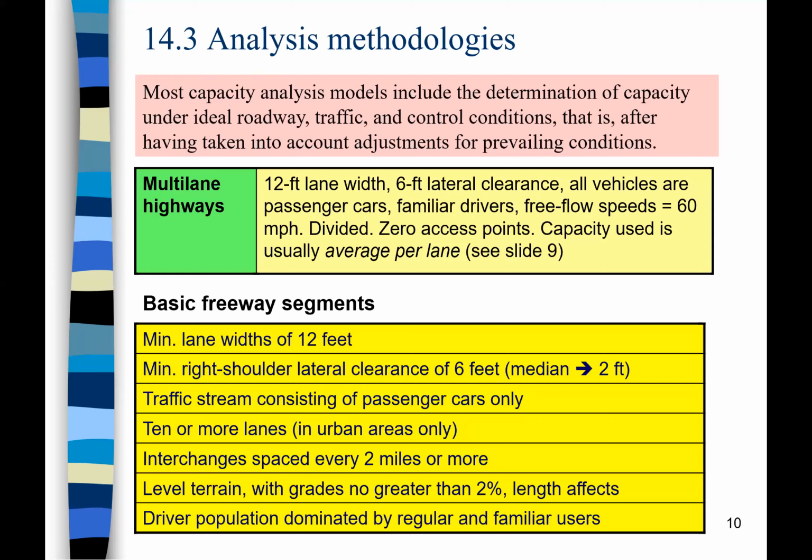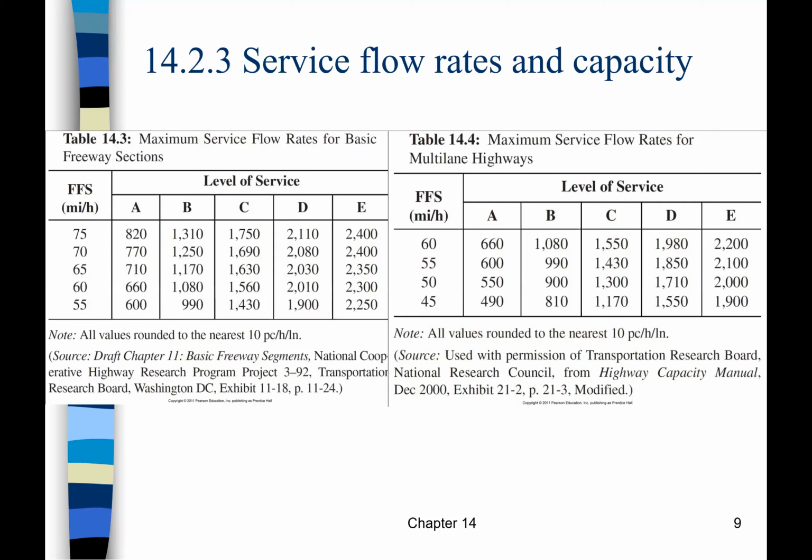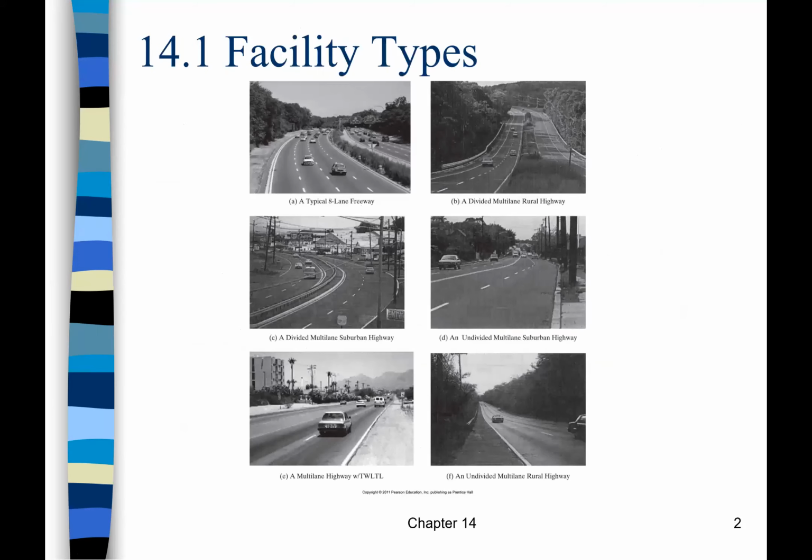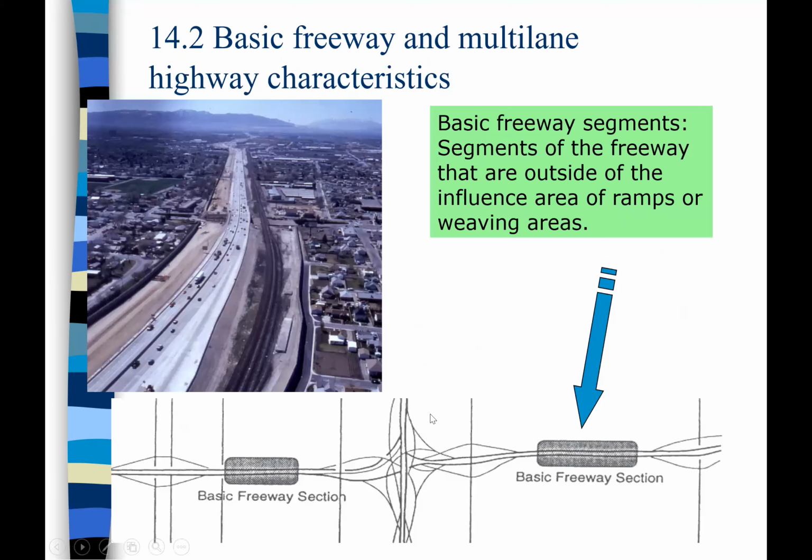The longer, the better. The impact of interchanges, as you see here: if we have an interchange close by, less than 2 miles, this section will no longer act as the ideal condition.